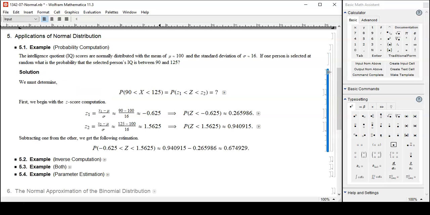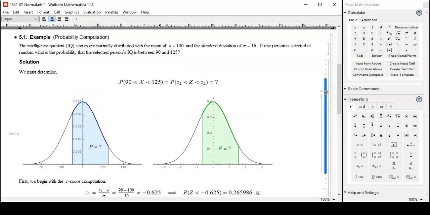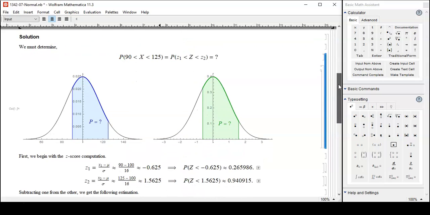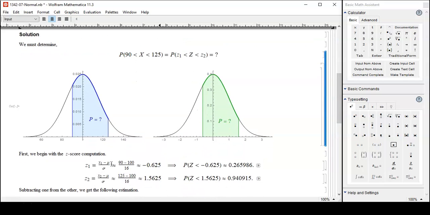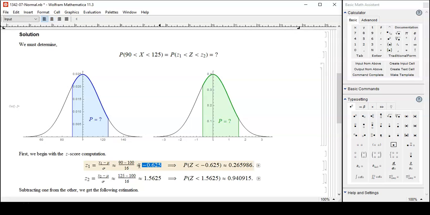And the solution looks like this. We want this probability centered at 100 between 90 and 125. And then we have two n's, so we need two z-scores. End minus center over st for the first end, 90 minus 100 over 16, I get a z-score of negative 0.625.